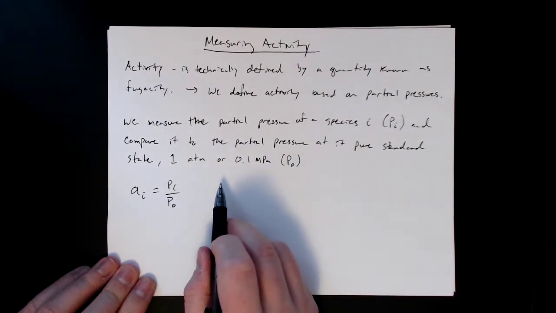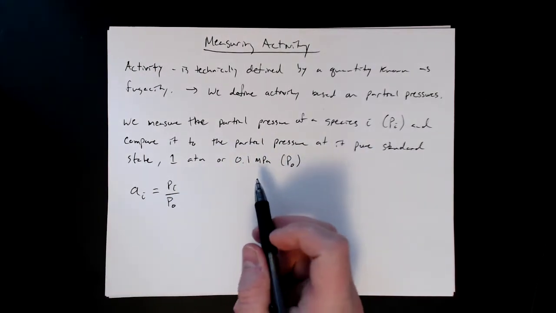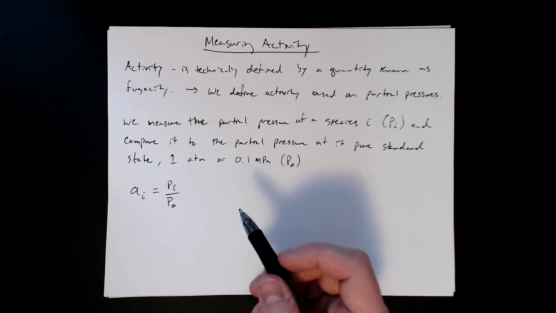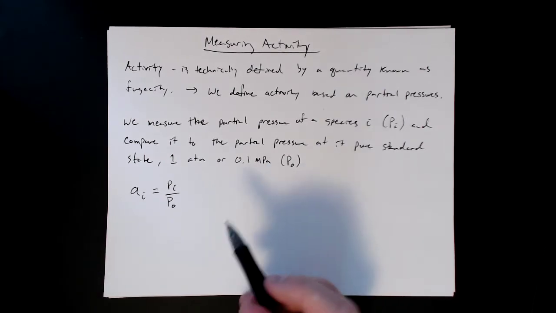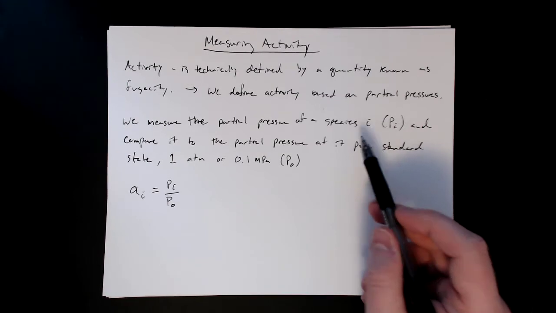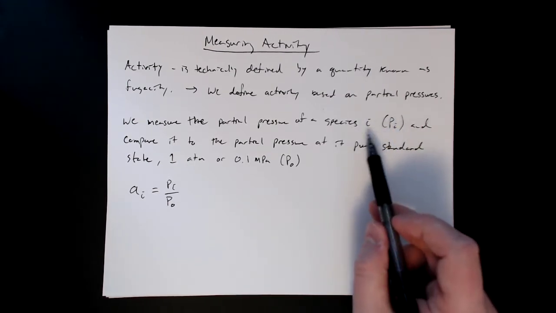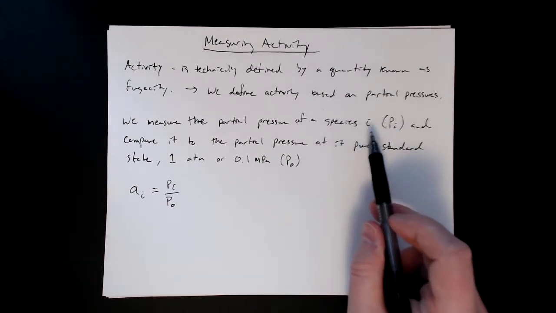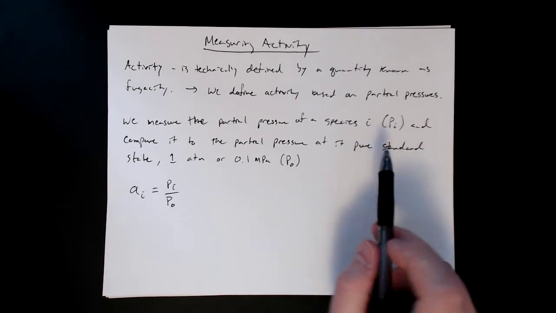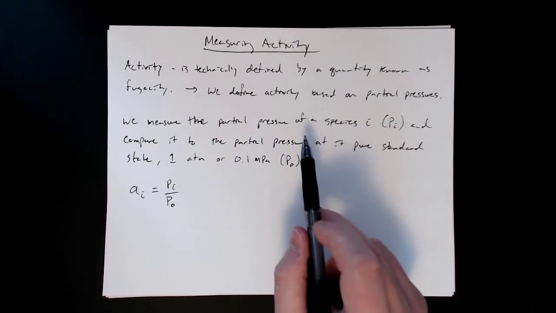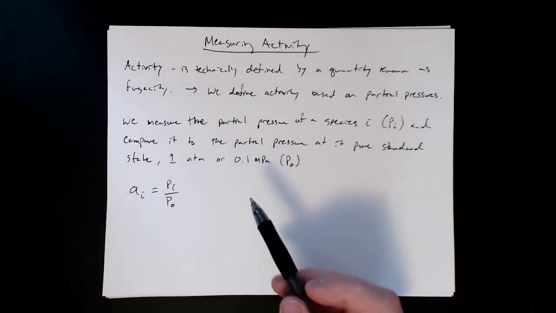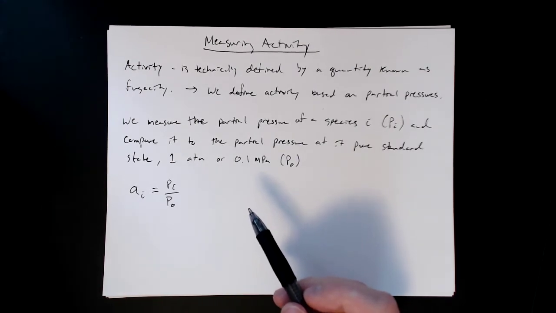state of 1 atmosphere. When we think of partial pressures, we're using the term partial because there can be multiple components, not just I, but there can be others, right? So this is the pressure attributed to that species. That's why we're using the term partial instead of just pressure. But pressures are something that we can easily measure in engineering, so that's why we're using this terminology.